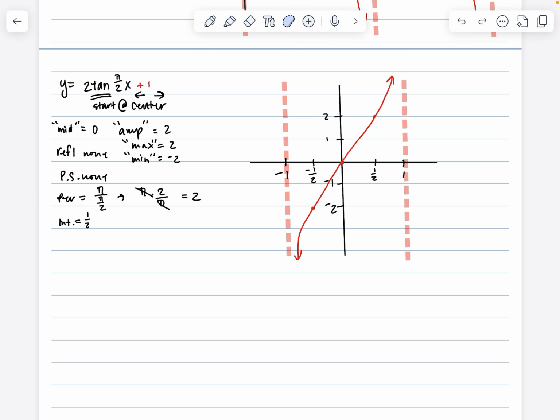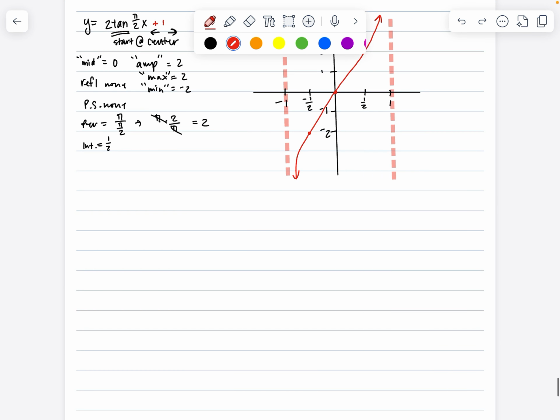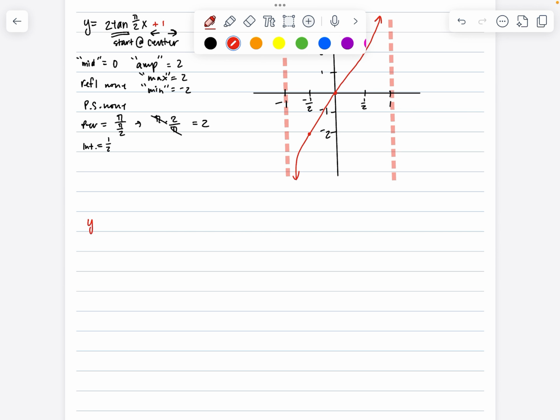All right. So let's do one more. Let's do a cotangent wave. Let's pretend we are going to graph y is equal to, no amplitude this time, we'll just say cotangent. Let's do one actually.